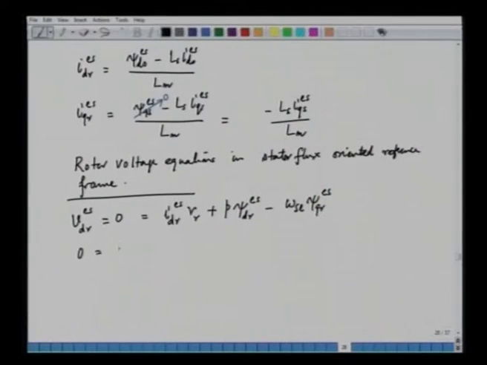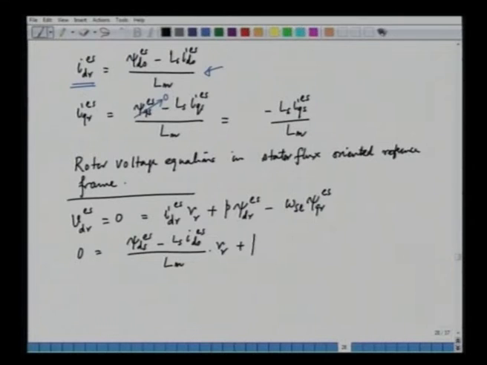So, here in this equation we do two things. First of all, we take this first term IDR ES, and this IDR in fact we do not know, we have to express it, and the expression for IDR is already available here. So, we write IDR as psi ds ES minus LS IDS ES divided by LM, into RR. And what is psi dr?